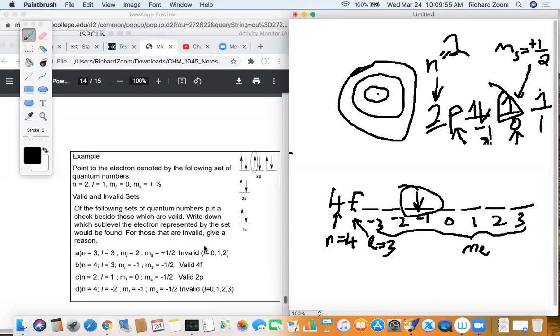That would be the electron that this set specifically points to: is this electron in the 4f level pointing downwards? If it was plus 1/2, it'd be pointing up. Okay, I see. Thank you. So that tells you exactly what's going on here.